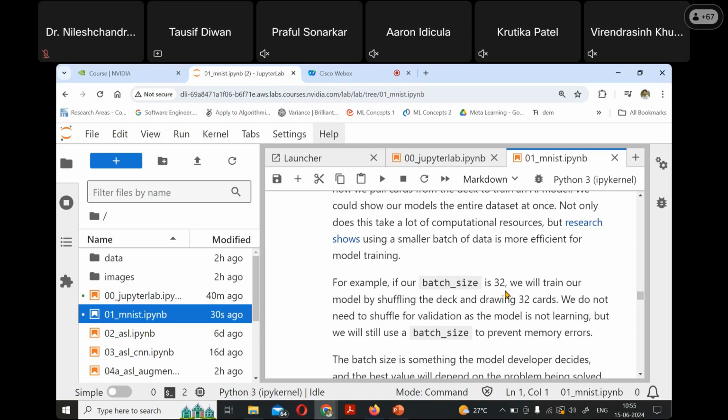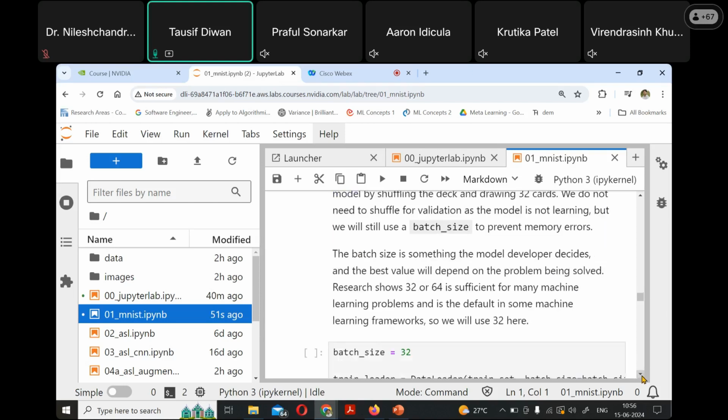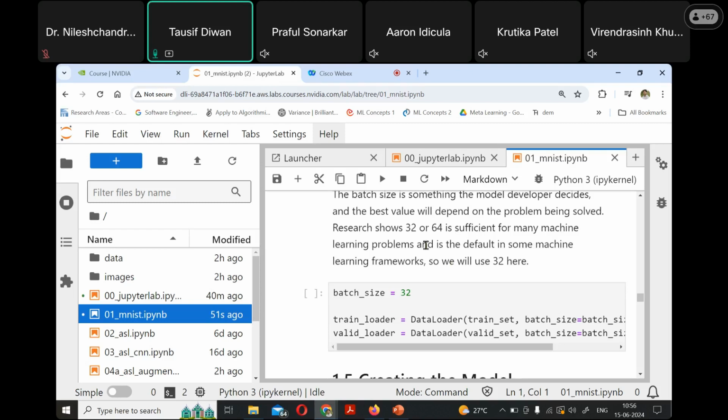Then it will take the second set of 32, then pass it to the model, then take the third set of 32 samples, pass it to the model. This is the role of batch size. Why is it important? Because it effectively manages the memory, because we cannot load the entire 60,000 samples in the GPU memory. We are not having that much enough GPU memory over here. Generally, the batch size is 32 or in multiples of 32, such as 64, 128, 256, like this.